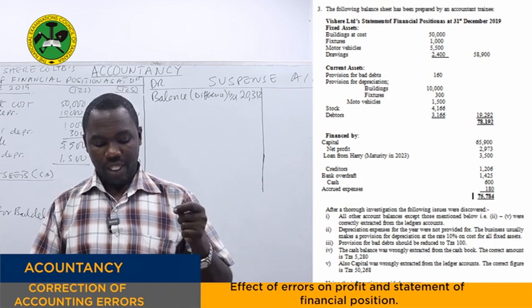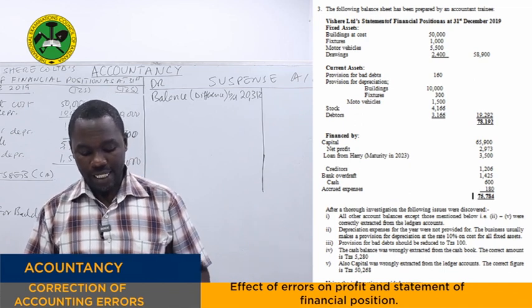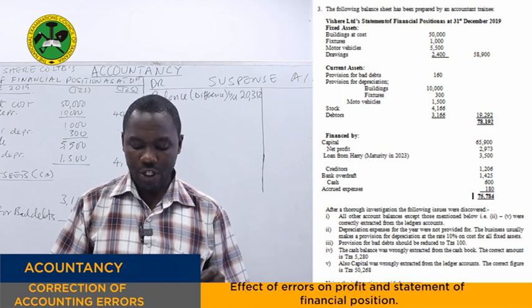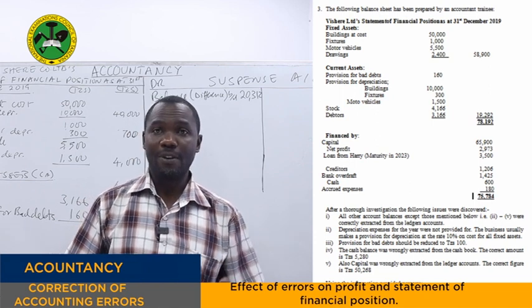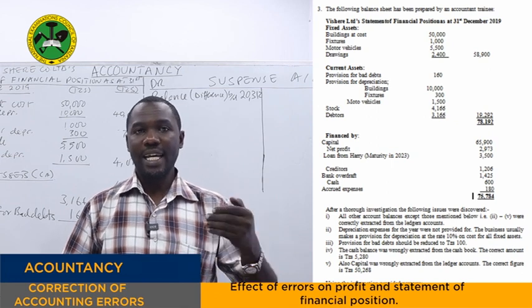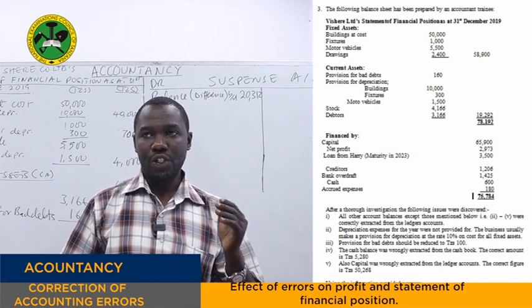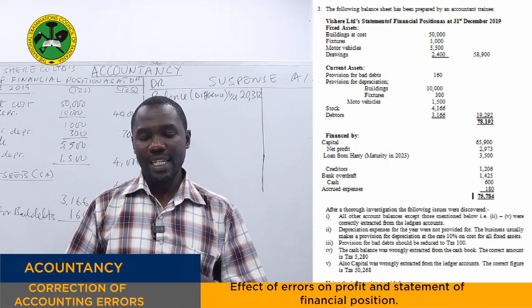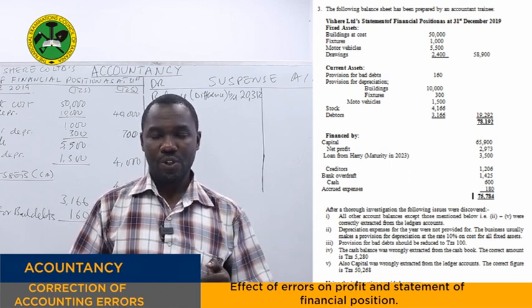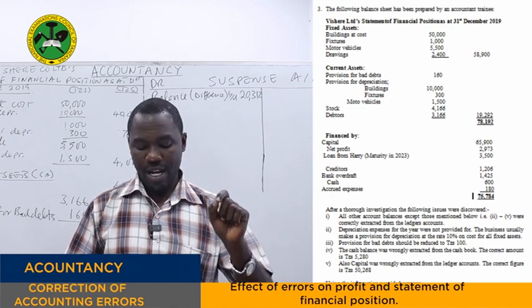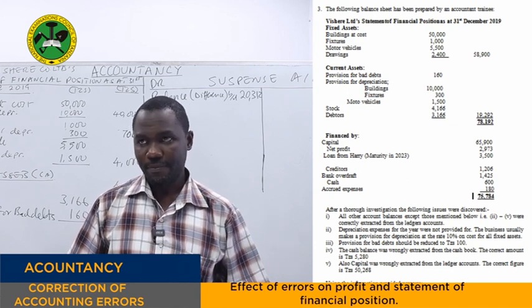Then Roman 2, we are told that depreciation expenses for the year were not provided for. So if the depreciation expenses were not provided, we need again to open up journal entries to correct these errors, that is in Roman 2 to Roman 5. So we need again to prepare journal entries.